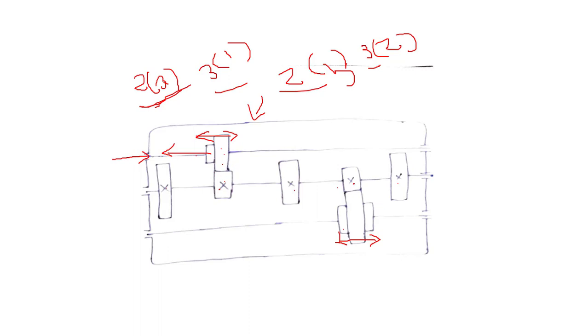In engagement of this gear and this gear, we get another speed. With the combination of both pairs, we get our required speeds from N1 to N6, and just by moving this pair in this direction and engaging with the first gear, we get the different speeds, and in the same way for the output shaft.